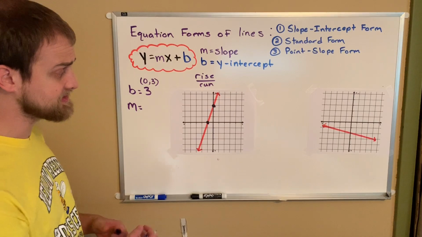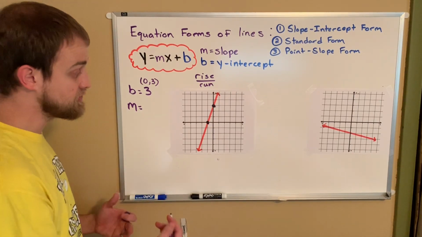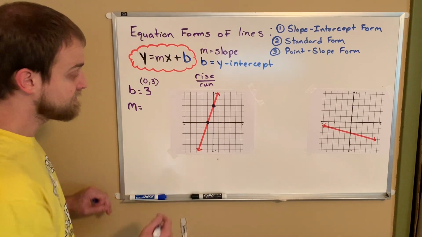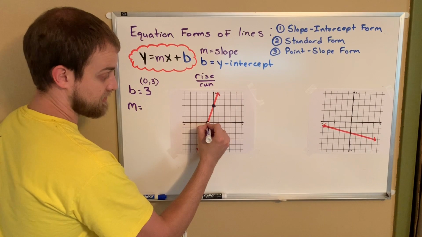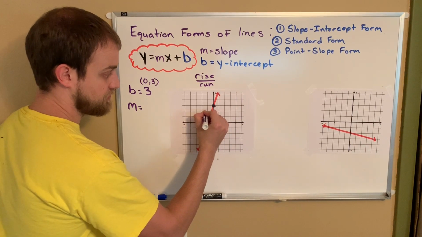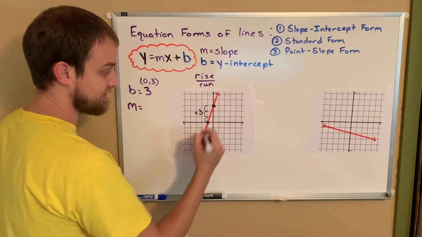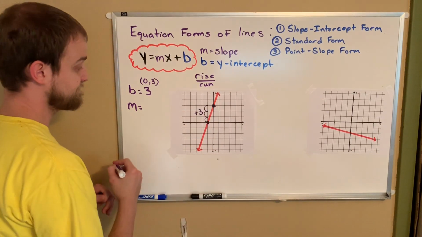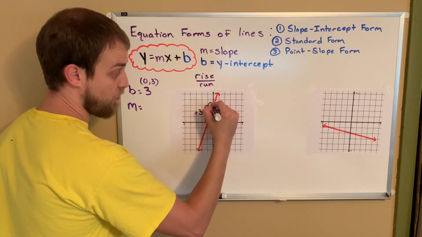Now, the last part of this is, can we find the slope of this line? Well, using rise and run, we can do that. Let's start at our bottom point and work towards our top point. We're going to rise 1, 2, 3 in the upward direction. So I know that's a +3 for my rise. For my run, I continue from where I was, and I run 1 to the right.